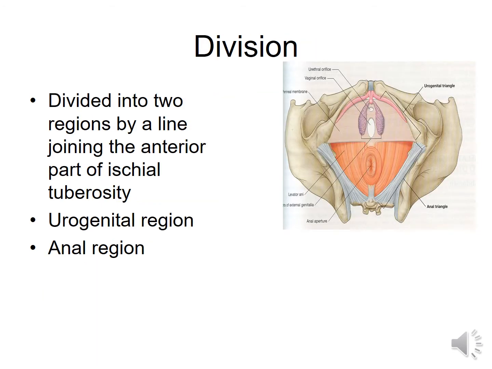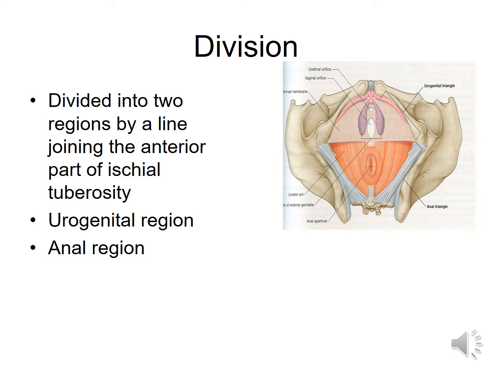Talking about the divisions, we have already talked about how it is divided into two regions by a line joining the anterior part of ischial tuberosity. Anteriorly is the urogenital region with urethral orifice and the vaginal orifice as shown in the diagram in case of female perineum. And posteriorly we have anal region where we have the anal opening.